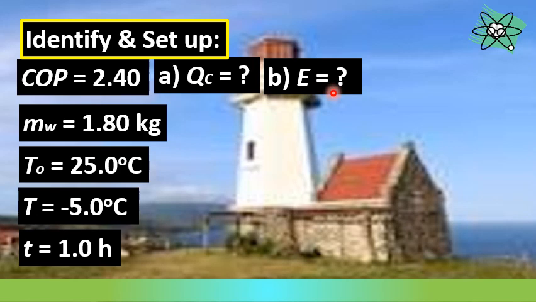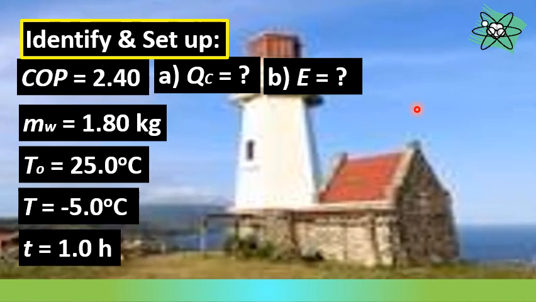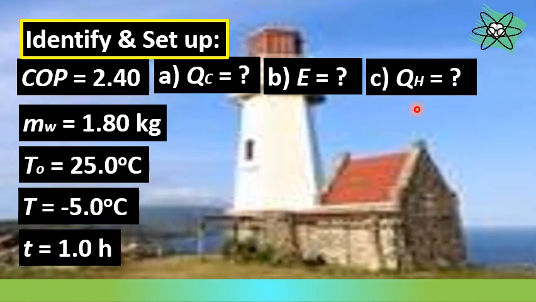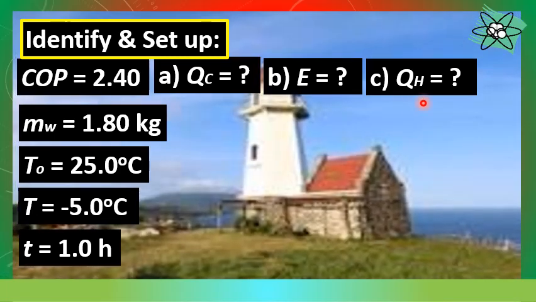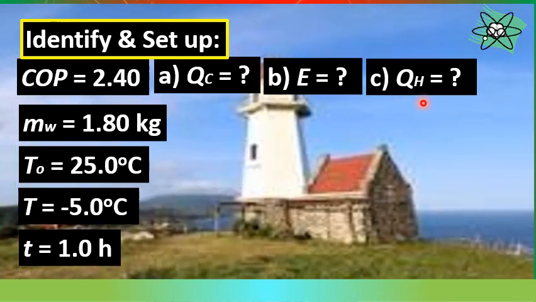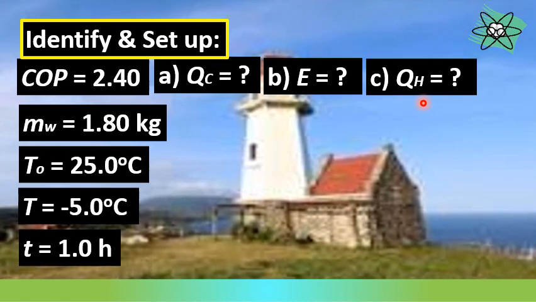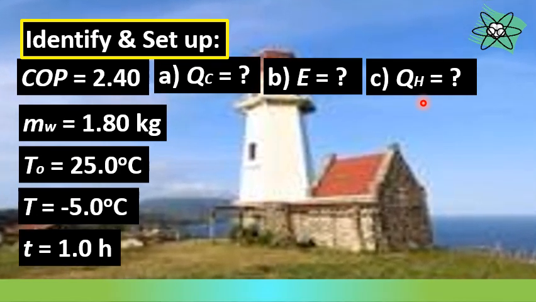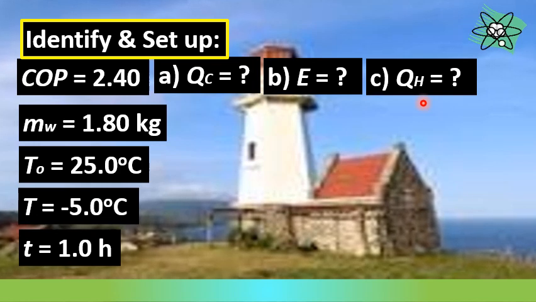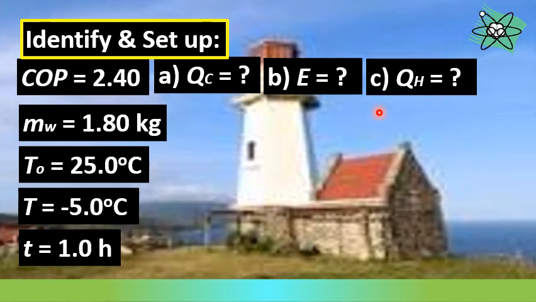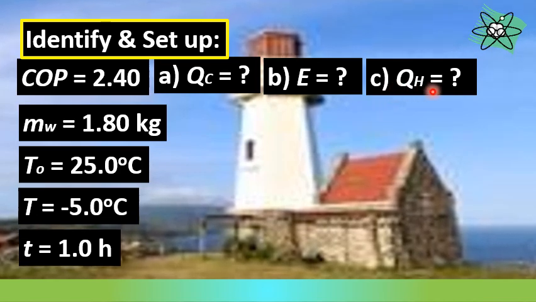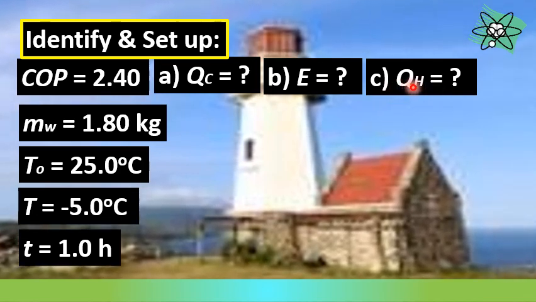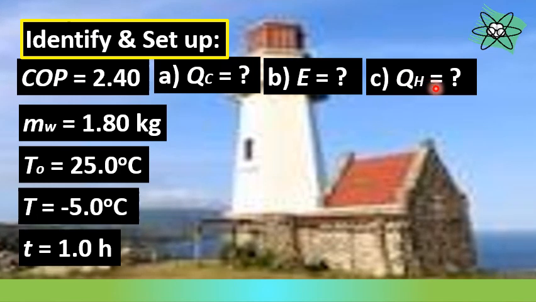And for letter C, the third target variable is capital Q sub H. This is the amount of wasted heat that is delivered to the room in which the freezer sits. In other words, this is the heat that will be expelled into the hot reservoir.